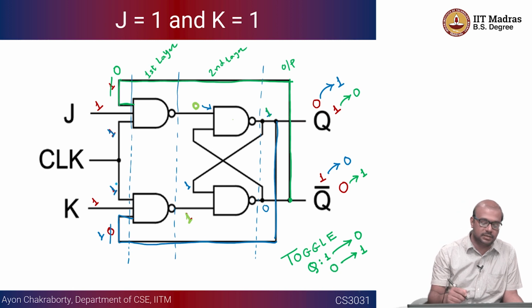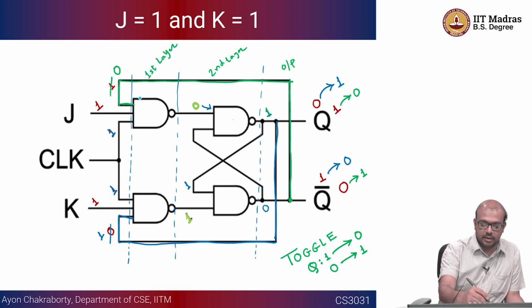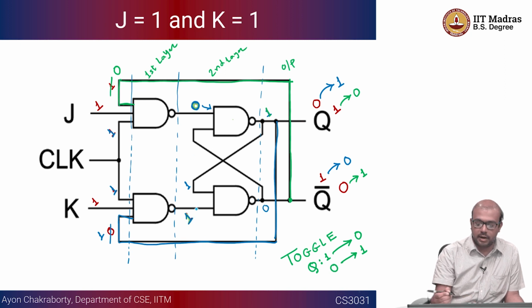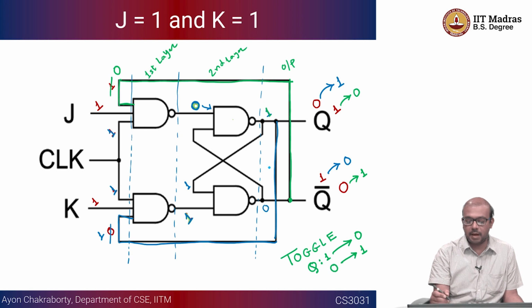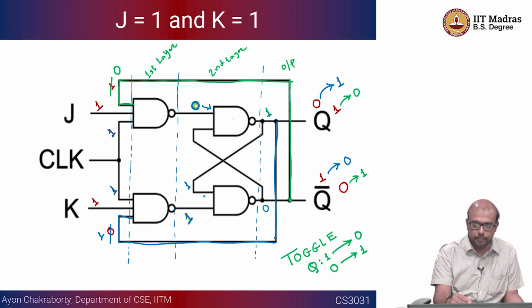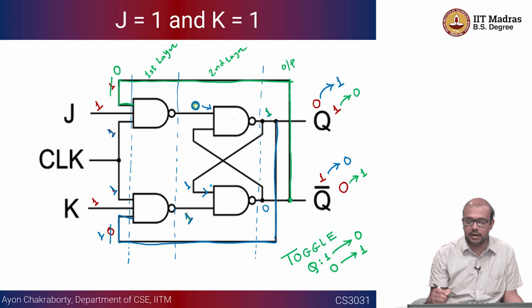And one more thing is, as you can see, let us say in the previous cycle this was 0, right, and this is 1. It may happen that the input to this particular NAND gate was anyway 0 earlier. It was not 1, right? Originally Q was 0.